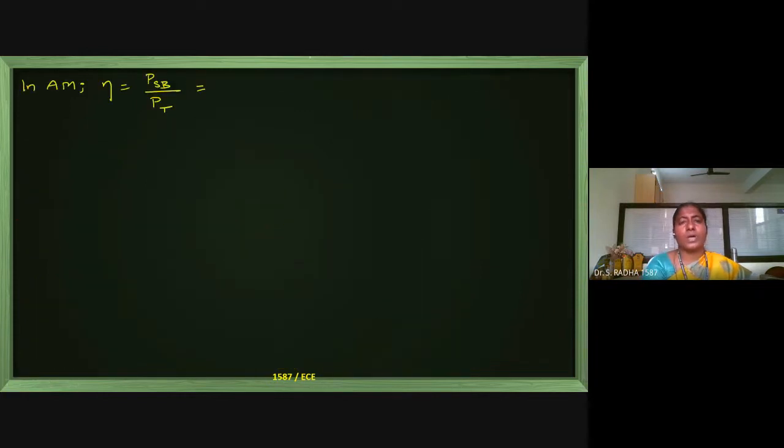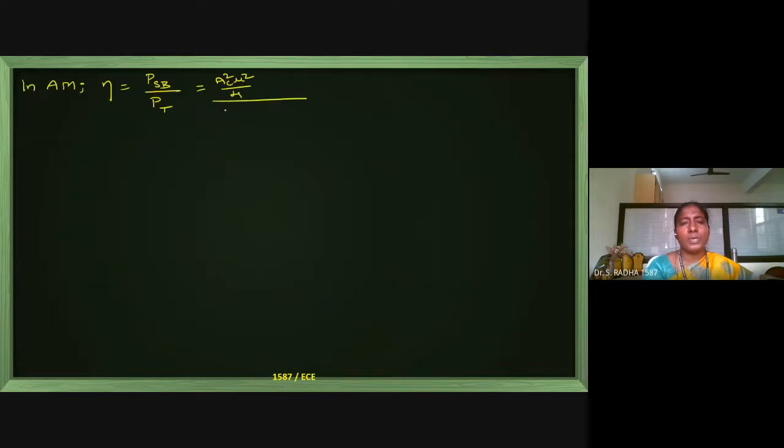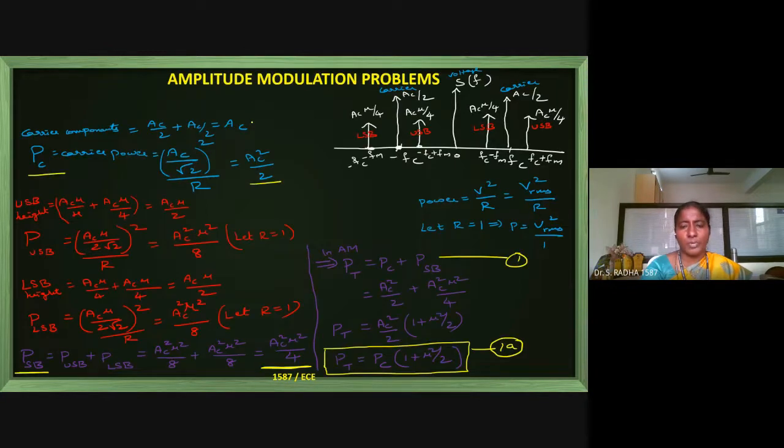Okay. So I will use that AC square mu square by 4, divided by total power, you can see equation number 1A. Here I have PC into 1 plus mu square by 2.